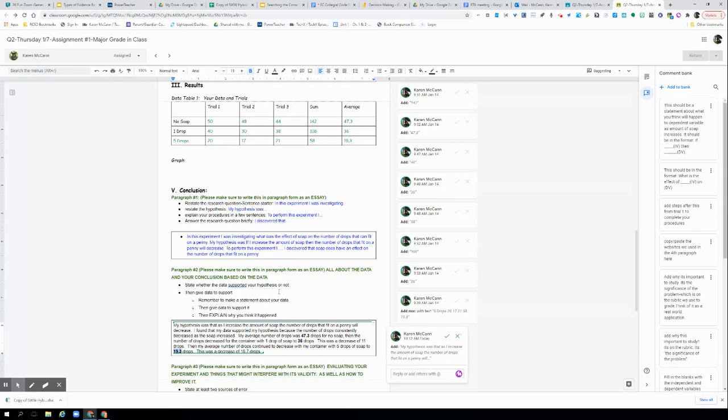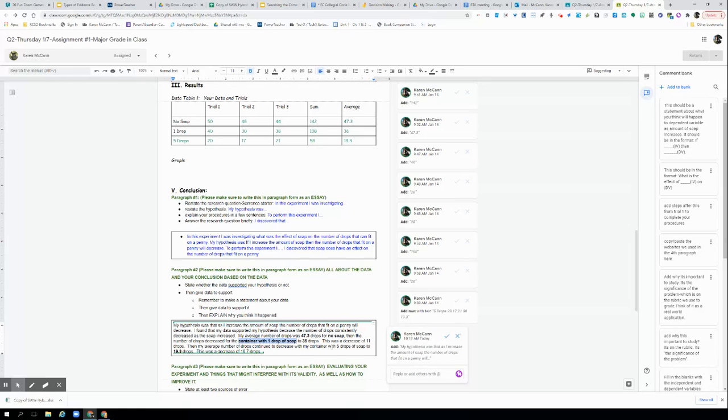Also notice I made sure to say specifically what it was I was talking about. I made sure to include no soap. I made sure to include 1 drop of soap. These are the expectations. That's why I'm bolding these things.